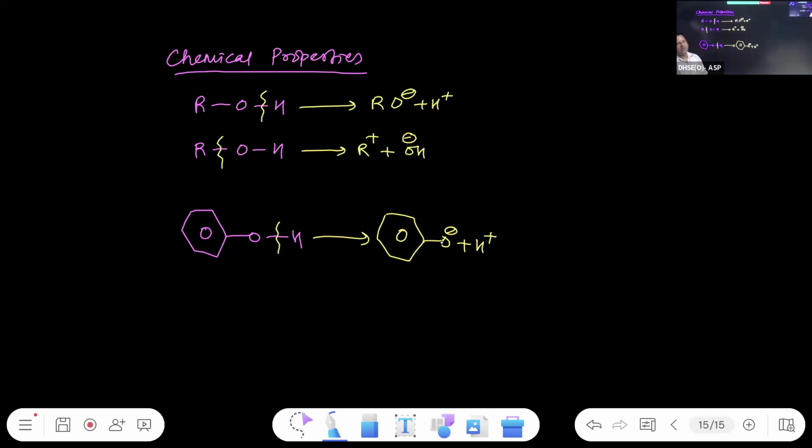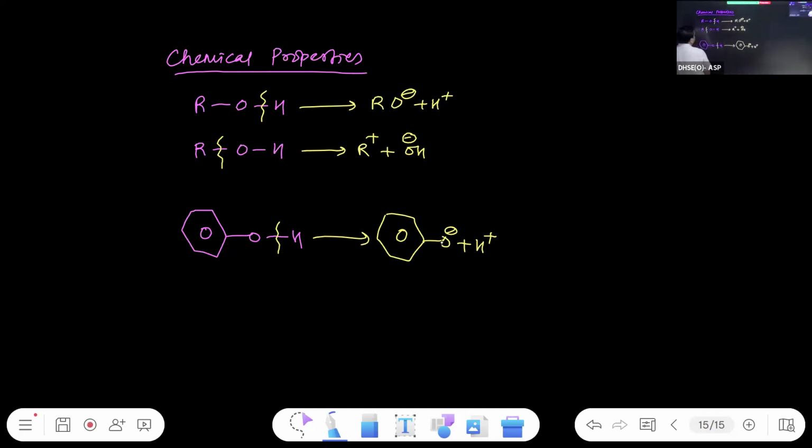If the question is asked, can bond dissociation be possible between oxygen and the phenyl ring, or oxygen and carbon? In phenol, it is not so. Why? Because in phenol, partial double bond character is present between oxygen and carbon. So with partial double bond character, bond strength increases and bond dissociation decreases. So the oxygen and carbon bond does not break.